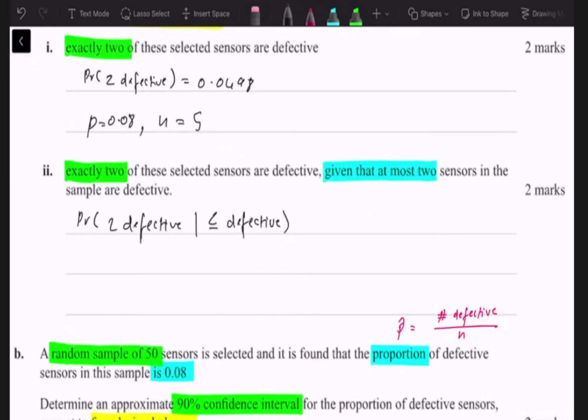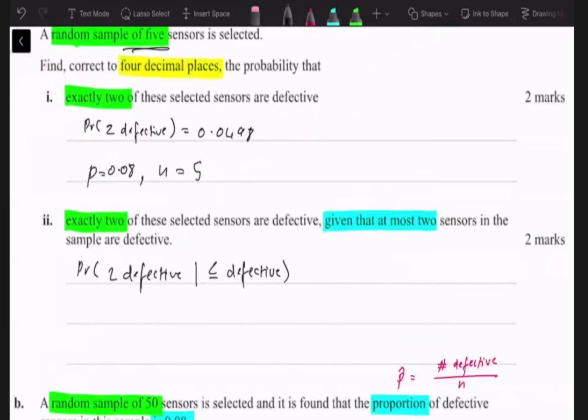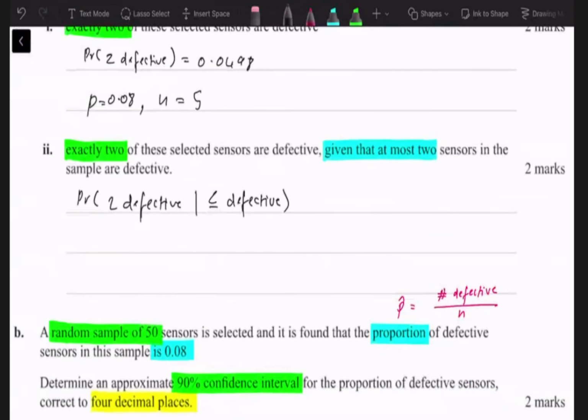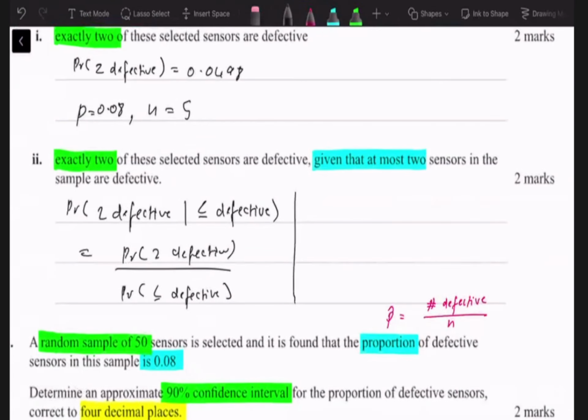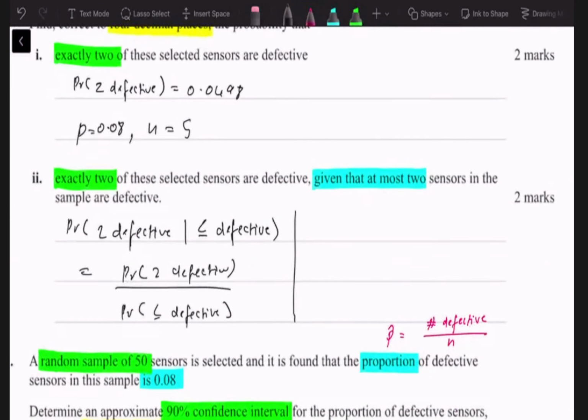Just remember with discrete probability, always be careful of what's included and what's not. The intersection of 2 and 2 or less is just going to be 2. So it's the probability 2 defective over the probability 2 or less defective. We figured out our numerator in the previous question, but you can just put both of these into your CAS. You should get 0.0501.